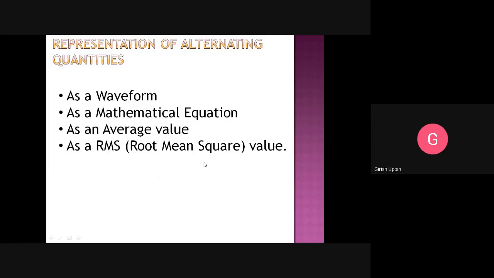When we talk about how to get the RMS value, I will tell you how. Now I told you 230 volts is the RMS value of your household connection, then we will write a mathematical equation for your household value. So once we complete the RMS value, next the average value. The same alternating quantities can be represented as an average value.